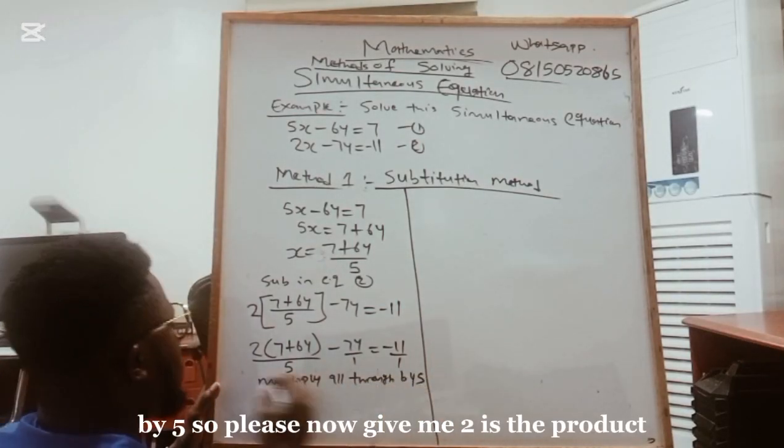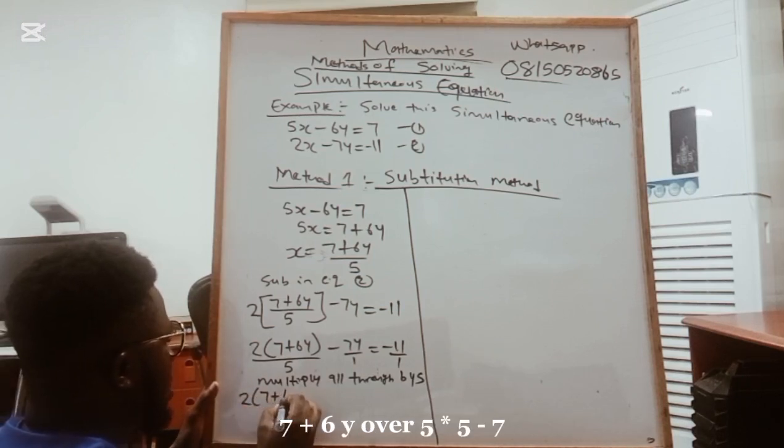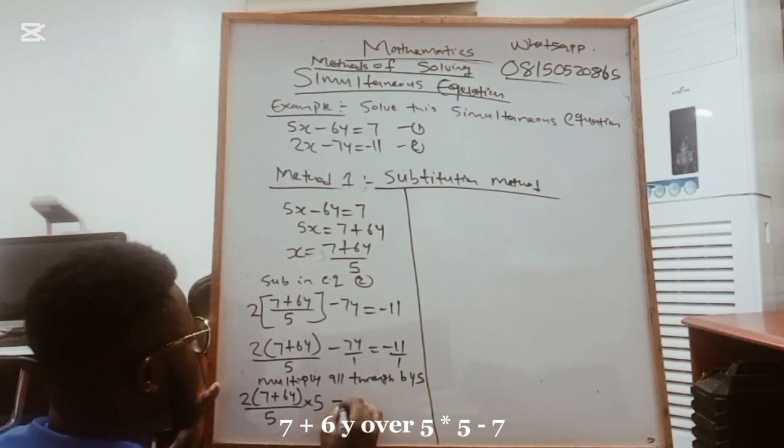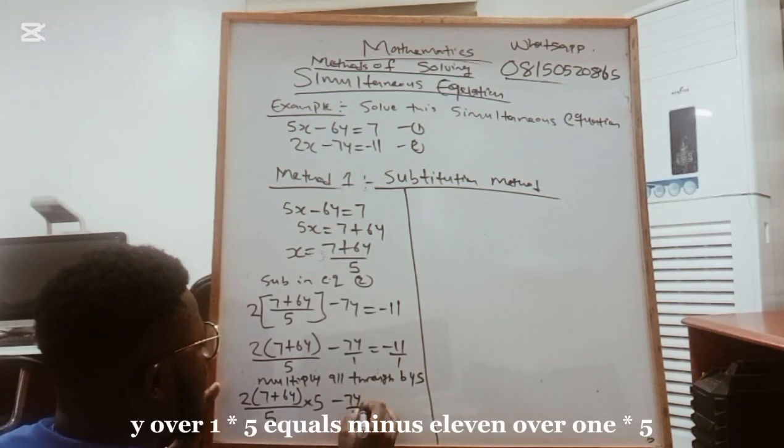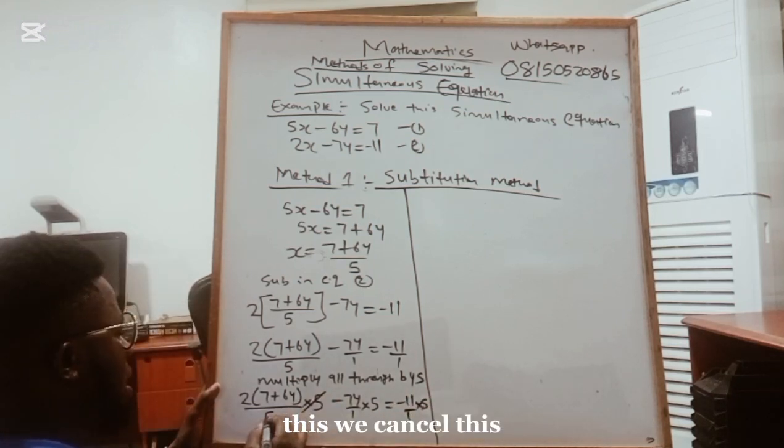by 5. So this will now give me 2 into bracket 7 plus 6y over 5 times 5, minus 7y over 1 times 5, equals minus 11 over 1 times 5. This will cancel this.